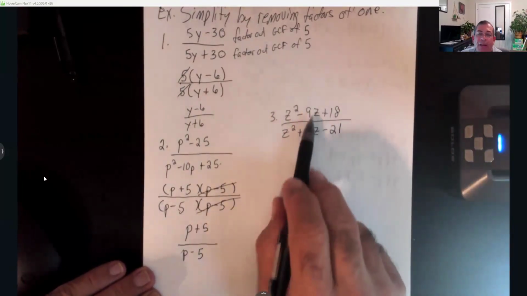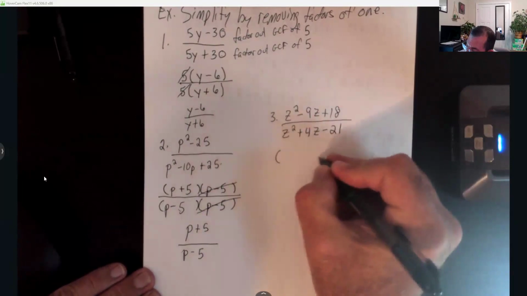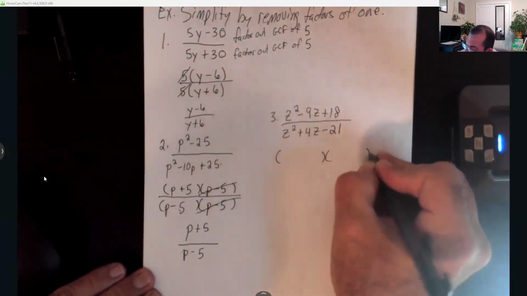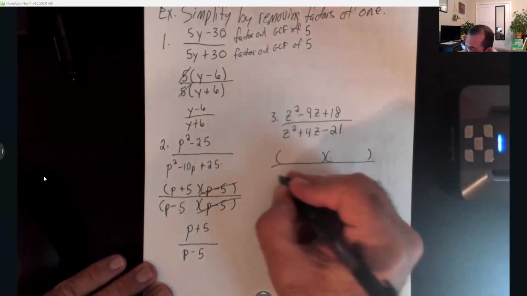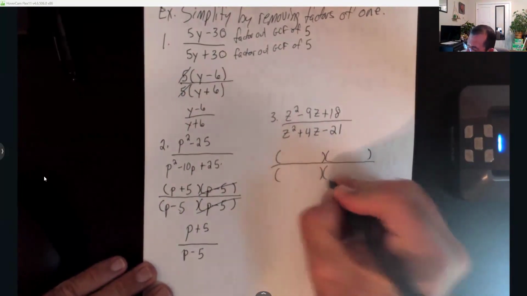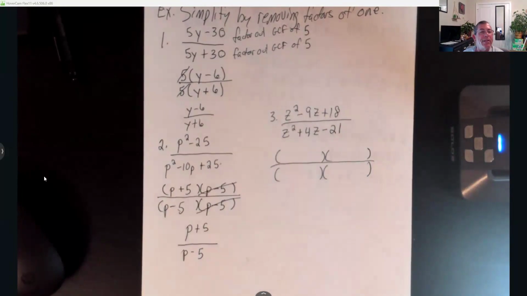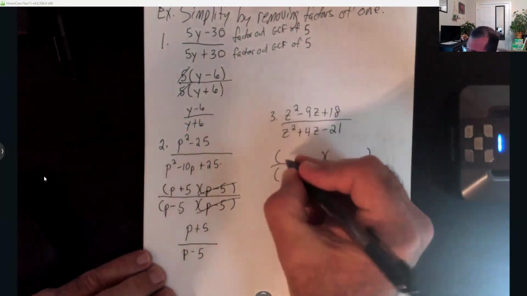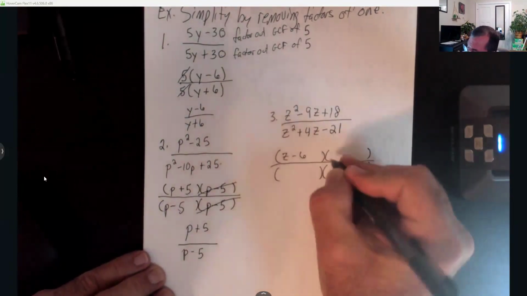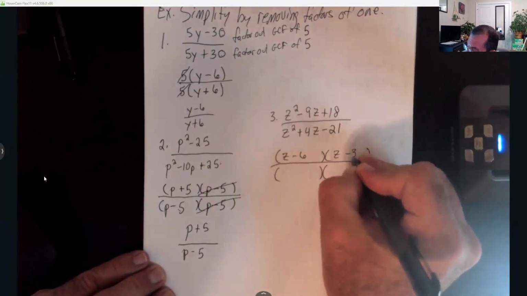So it looks like we've got to factor both of these. I need someone to factor my top. And then we'll need someone to factor the bottom. So what am I getting on top? z minus 6 and z minus 3.